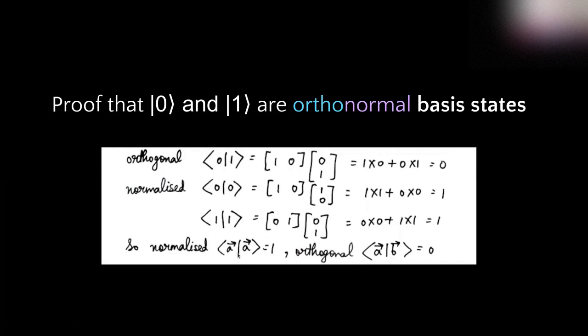So we got the inner product of the vector with the same vector equal to 1, which means it's normalized. And with that of the other one, like 0's inner product with 1 gave us 0, which means that they are at 90 degrees with each other. So this proves that both ket0 and ket1 are the basis states, and we can represent any qubit state with the help of these two.